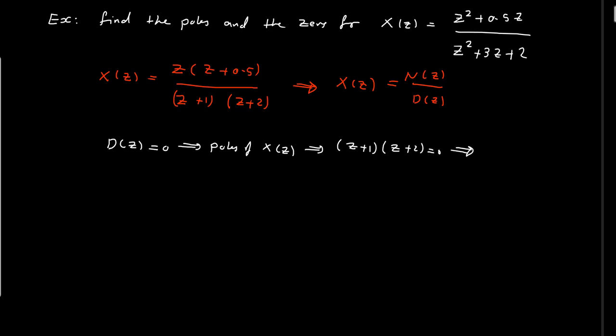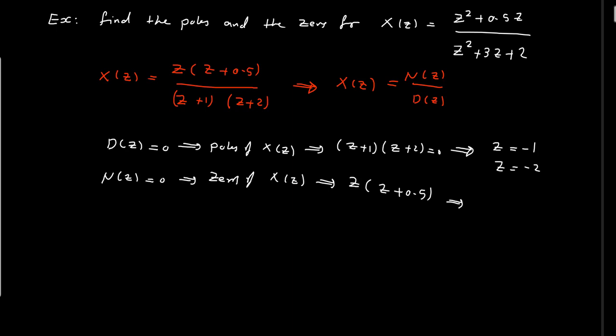So we have two poles at z equal to minus 1 and z equal to minus 2. Now if we need to find the zeros, then N(z) equal to 0 will locate the zeros of X(z), and in this example we have z multiplied by (z plus 0.5), which will give z equal to 0 and z equal to minus 0.5.